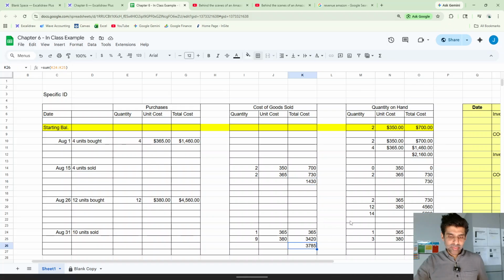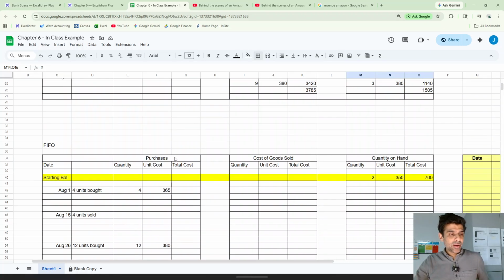And once we calculate these, it's going to affect my inventory balance, because these two are related: from this inventory, we took some units out, and whatever is left over is going to be my ending inventory. So whatever method we use, it's going to directly impact the value of the ending inventory after the transaction.